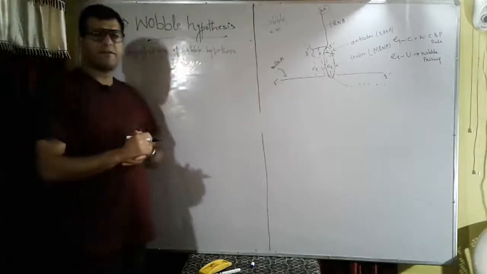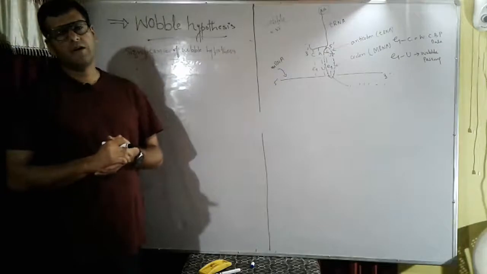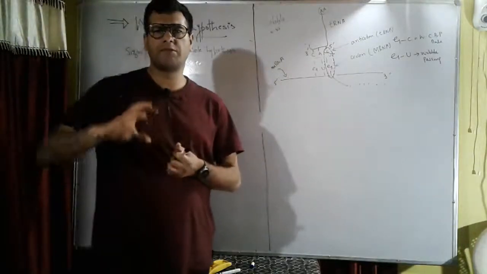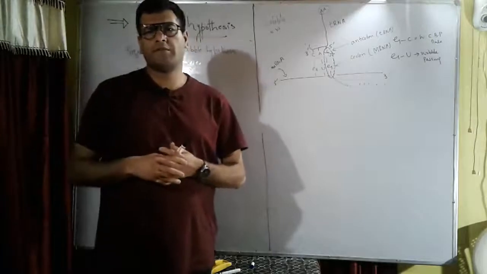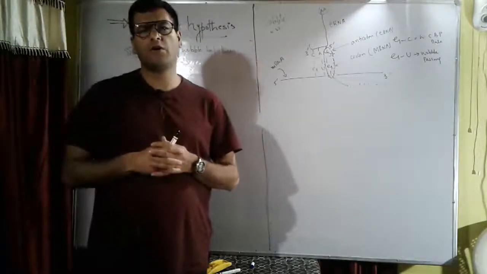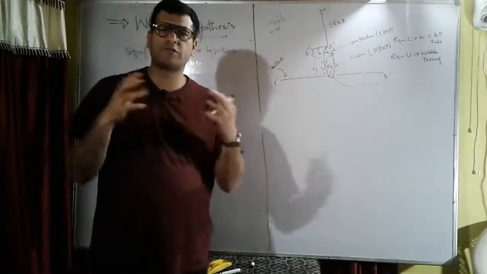The first important advantage of the wobble hypothesis is that it makes possible the fast dissociation of mRNA and its corresponding tRNA.